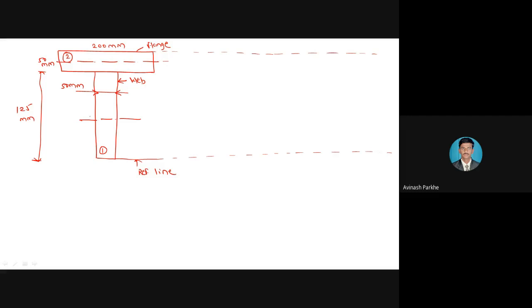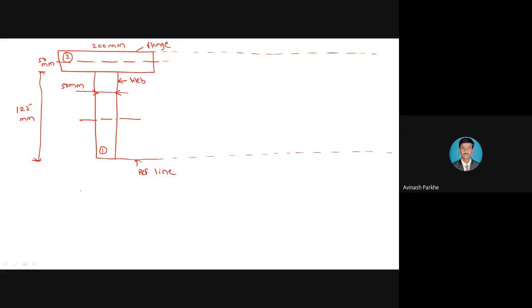Now this T section is not symmetrical about the x-axis, because above the neutral axis the section will be different, and below the neutral axis the section will be different. Therefore the unsymmetrical I section and the T section come under the category of unsymmetrical sections.